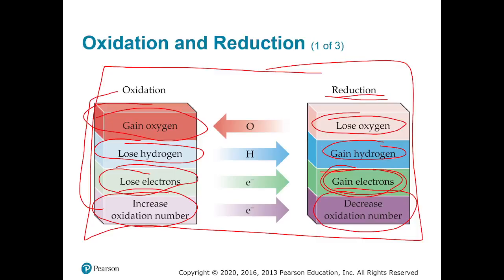If you gain electrons, then hydrogens don't hold on to electrons very well, and so gaining hydrogens is the same as gaining electrons. Oxygen is one of the most electronegative elements on the periodic table, and so gaining oxygens means that you're losing electrons. The oxygens are taking them from you. And again, the oxidation number is just a count of the number of electrons as opposed to the number of protons.